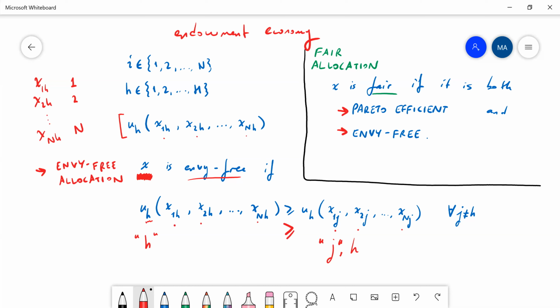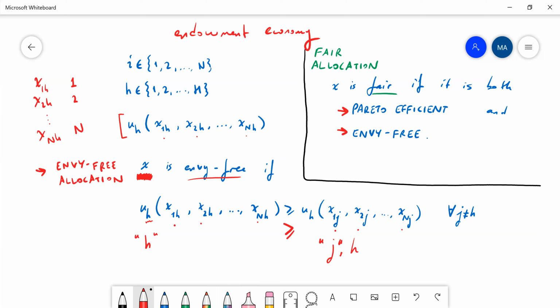So I do not envy, for instance, Jeff Bezos. Betül does not exhibit some envious behavior against my allocation as Aykut. Okay? So every agent in the economy, when he or she evaluates another person's consumption bundle with his or her own utility function, it is still larger than that or at least equal to that.